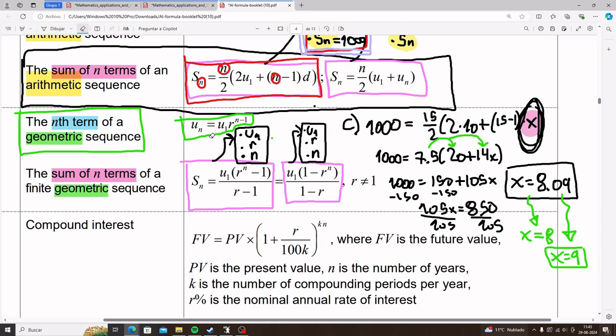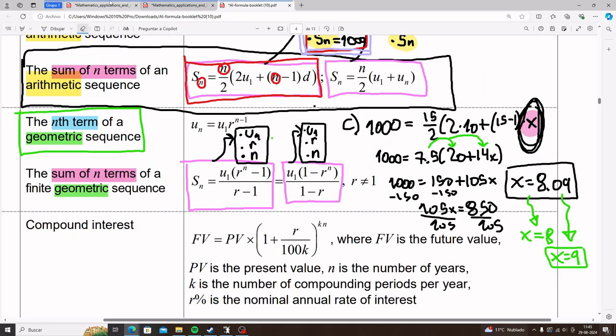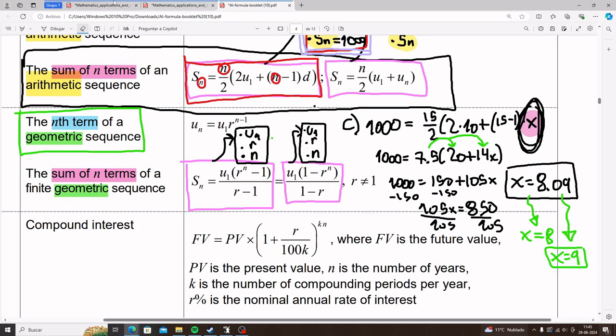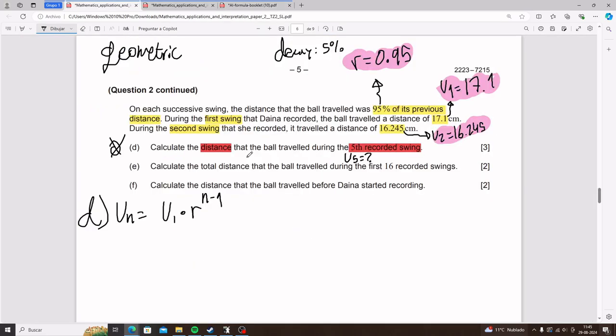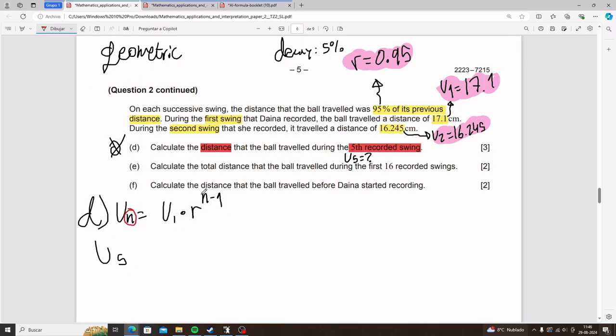Now, clearly, I have run out of space over there, so let me bring it over here. For part D, the formula is Un equals U1 times R to the power of n minus 1. All right, cool. So we have R, we have U1, we have U2. You're trying to find U5. The moment you plug in U5 over here, this n is the same n that's right here.